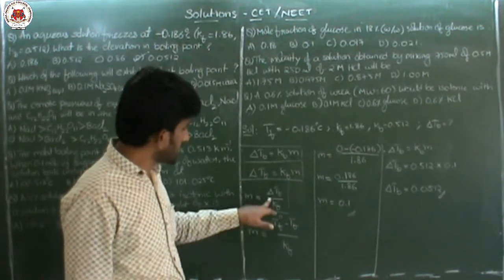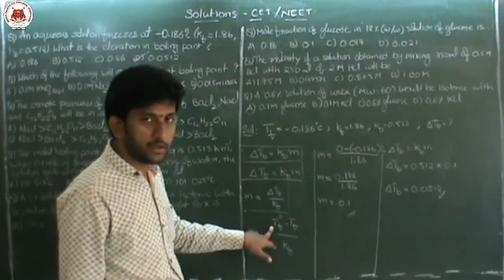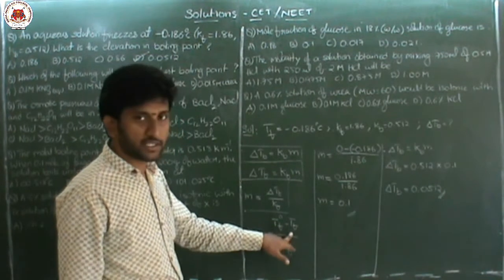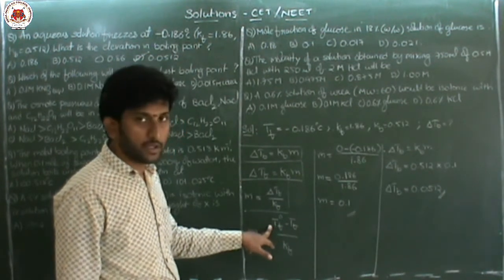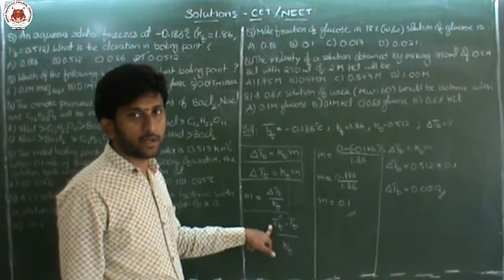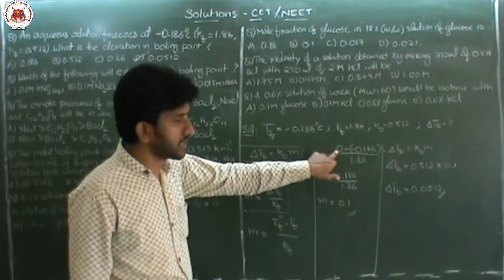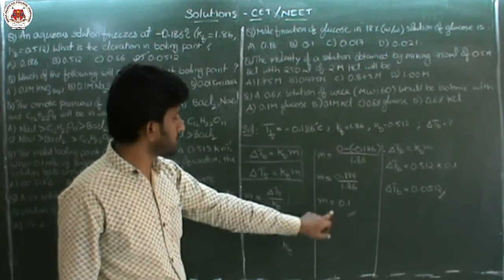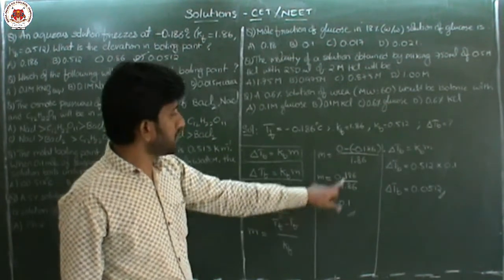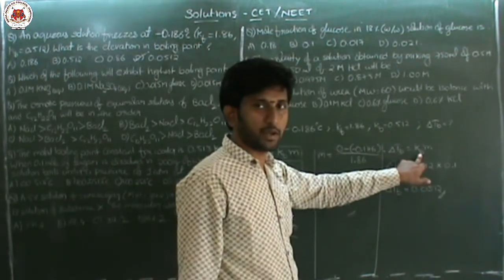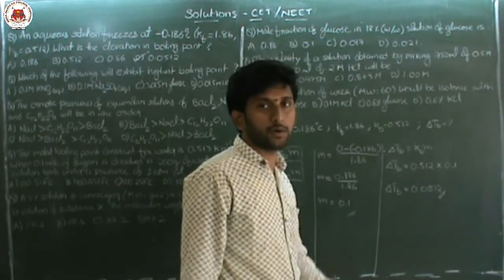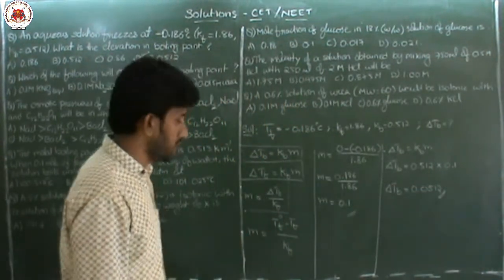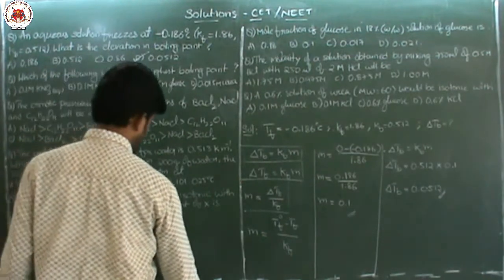What is the delta Tf formula? T naught F minus Tf. What is T naught F? It is the freezing point of water, 0 degrees. Minus, this is given, minus of 0.186. So 0.1. This molarity we are substituting in this formula. So the answer is 0.0512. That is option D.